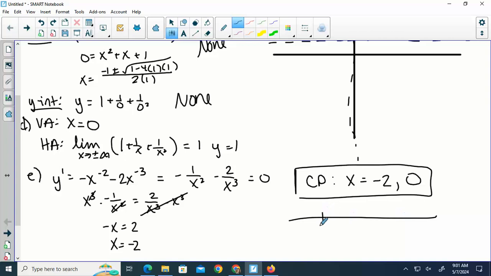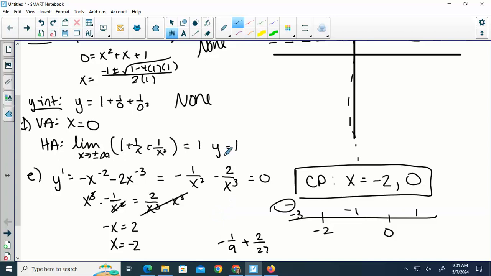Okay, so for increasing, decreasing, we do our sign line, test points. Where do we plug these in? The first derivative to check positive or negative. When we need points on the graph for the maximum, we put them in the original. Alright, so if I put a negative 3 into our derivative, that would give me negative 1/9, minus 2 over negative 27, so plus 2 over 27, and that would turn out to be negative.